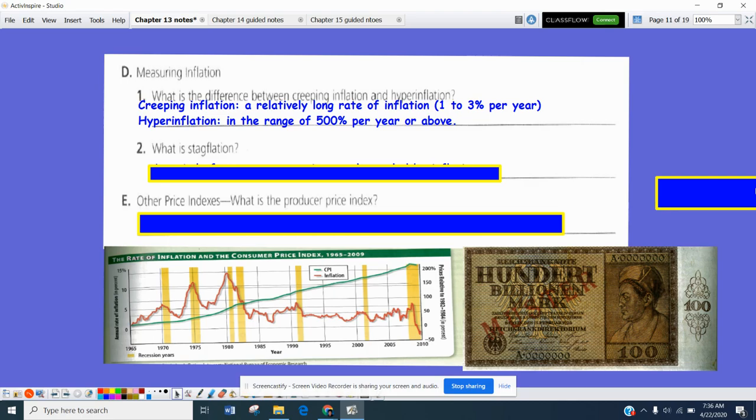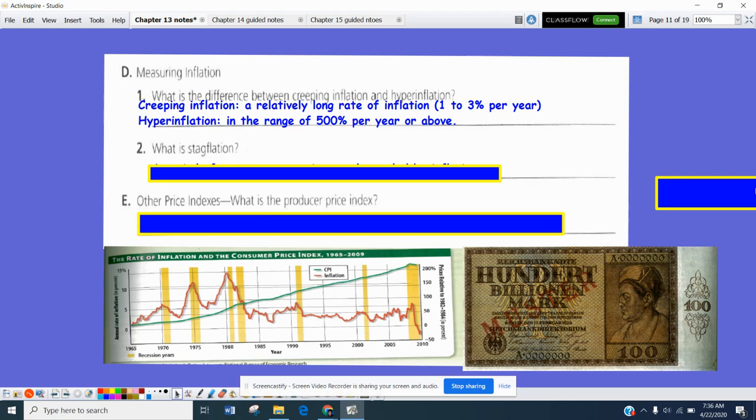This is basically when you have an event that happens and prices go up dramatically for some reason or another. A great example of hyperinflation in the world happened right at the end of World War One, particularly in Germany, where they had been crushed by the war, and there was a lot of political instability and instability as far as jobs and things like that.